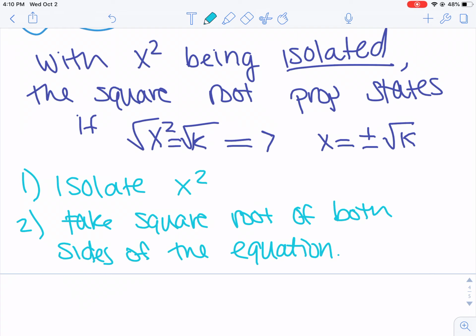And don't forget to put the plus and the minus in there on that step. And then you're going to simplify the plus or minus side.